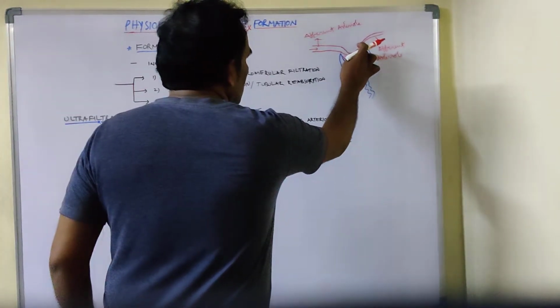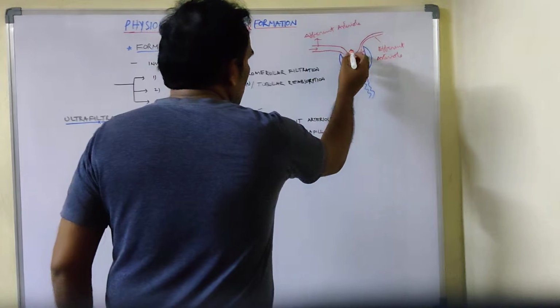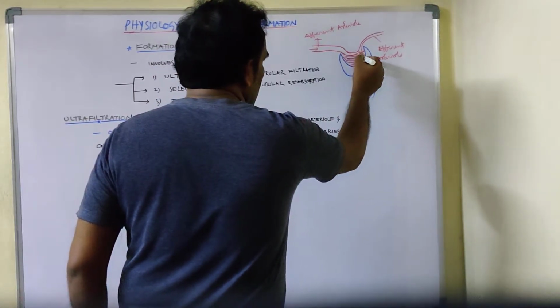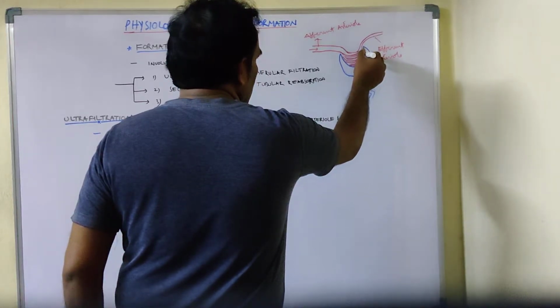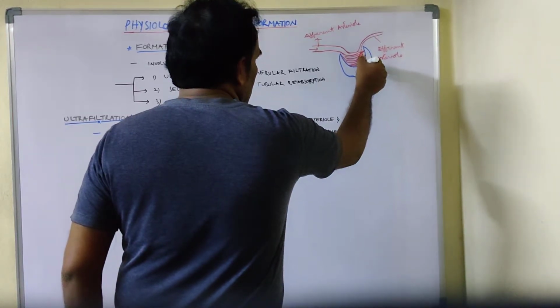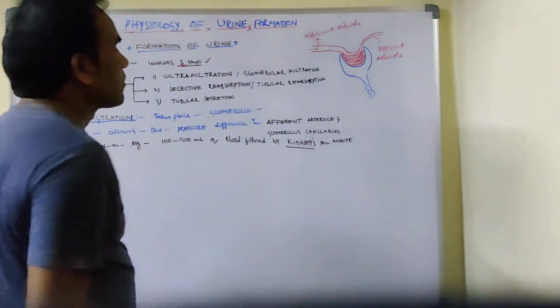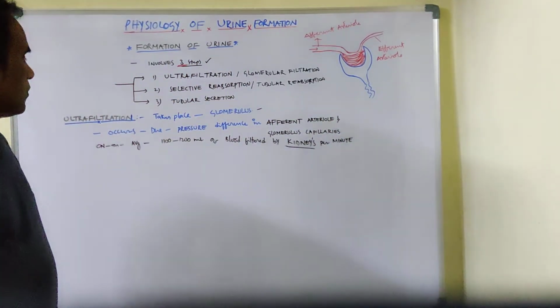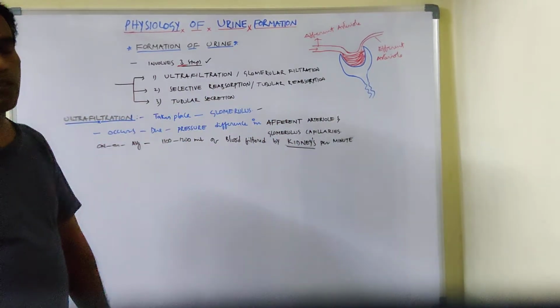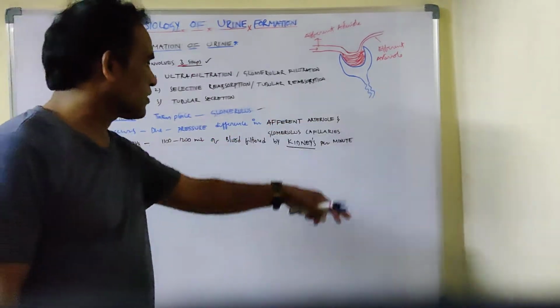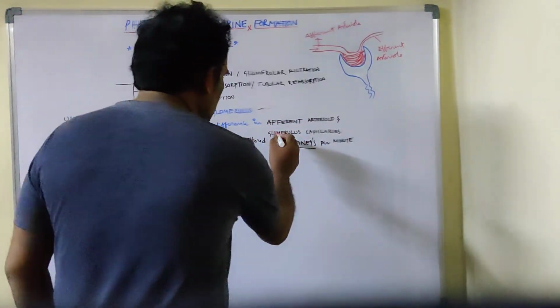The other one is mainly the capillaries of the glomerulus. So ultrafiltration takes place in the glomerulus, caused by the pressure difference in the afferent arteriole and the glomerulus capillaries.